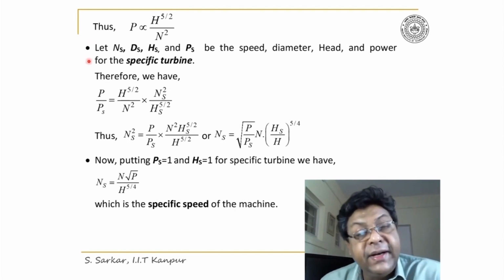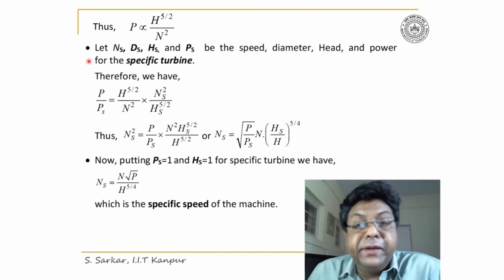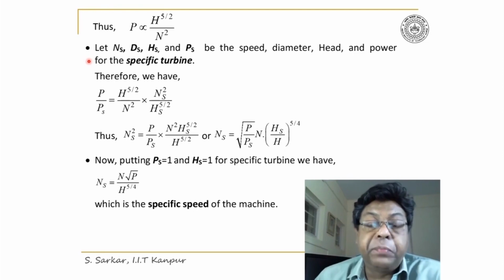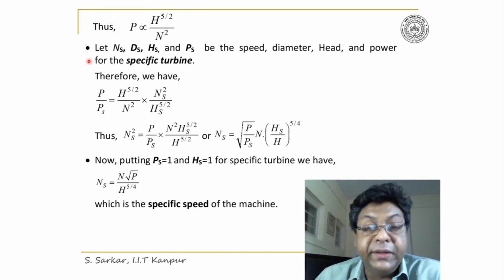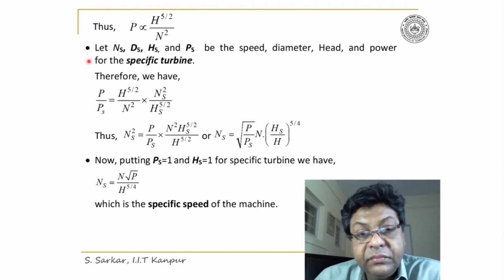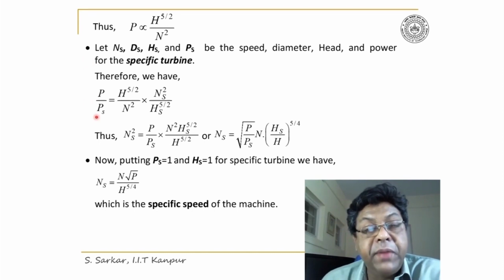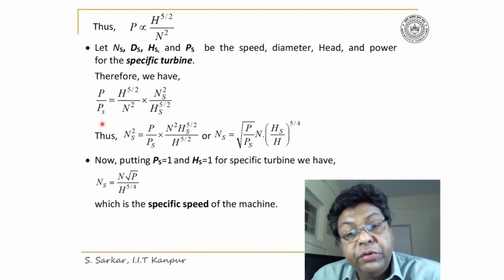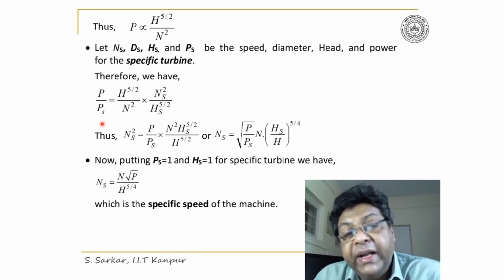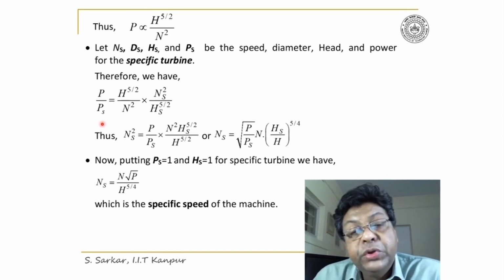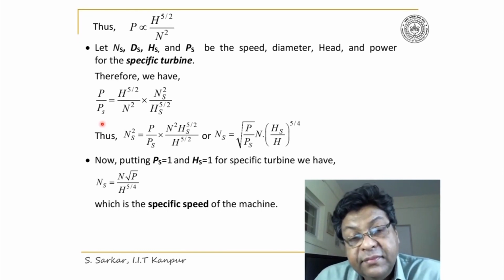Now let us consider Ns, Ds, Hs and Ps to be the speed, diameter, head and power of the specific turbine. Therefore, we can write P by Ps is equal to H to the power 5 by 2 by N squared into Ns squared by Hs to the power 5 by 2.